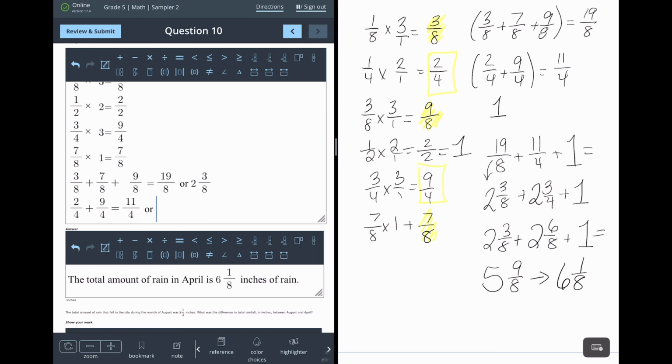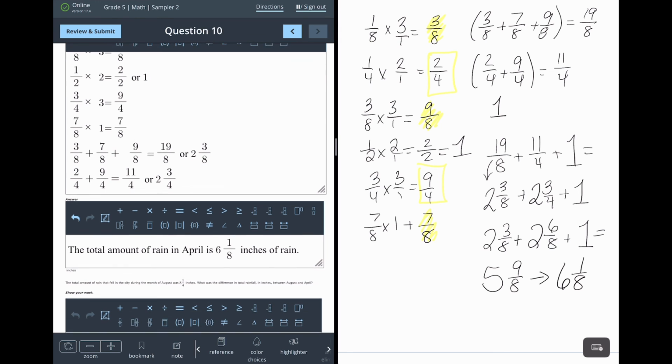Or, what do we know 11/4 is equal to? 2 3/4. All right, and then we just have the last one. So now we just got to add the last parts together.